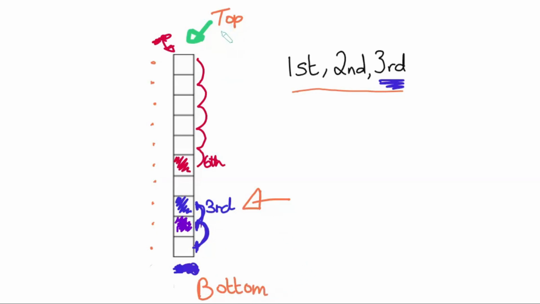So we first find the top, which is here. So this is the first, second, third. So we're going to colour in this square here. This would be the third from the top.